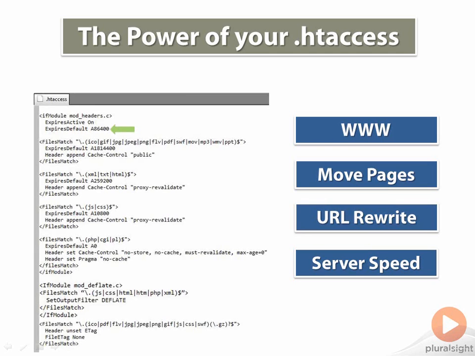So A86400 is stating that a website component should be cached for 86,400 seconds from the time the user accessed the material. Incidentally, 86,400 seconds equates to 24 hours. For your convenience, I've added to the Pluralsight exercise file a cheat sheet for total seconds that show different time frames. If a website component is not specifically defined to be cached, this line of code says that the default cache time should be 1 day.